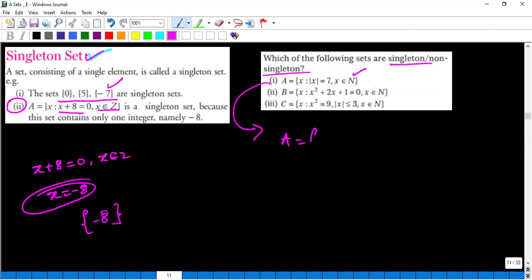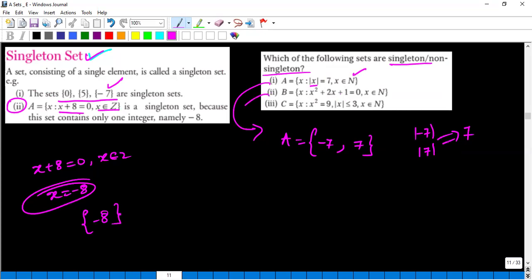I am going to write the tabular form of this. In the place of x, I can take two numbers. One is minus 7, one is plus 7. You know why? Modulus of minus 7 and modulus of 7, both give the same result 7. So it is not singleton.